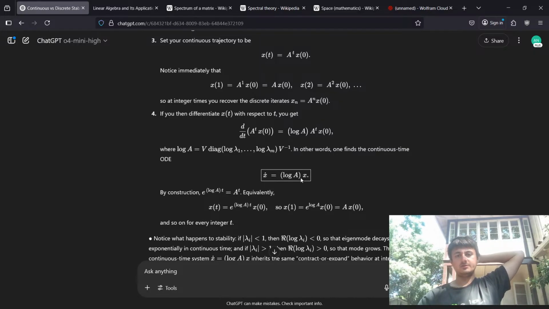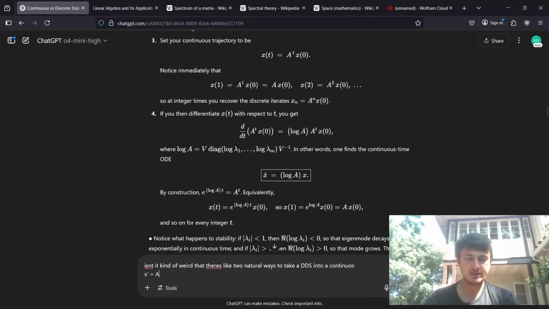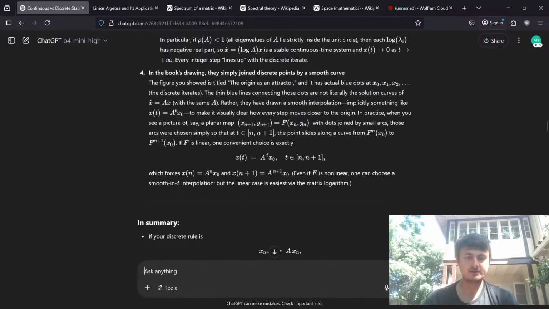That's actually wild. So this is the discrete version. Two natural ways to take a discrete dynamical system into a continuous one: x prime equals ax and x prime equals log a x.